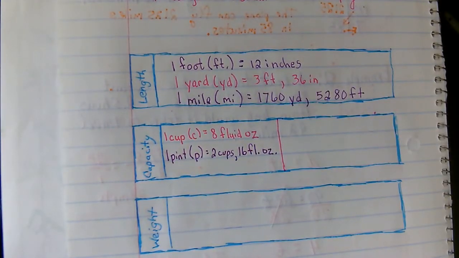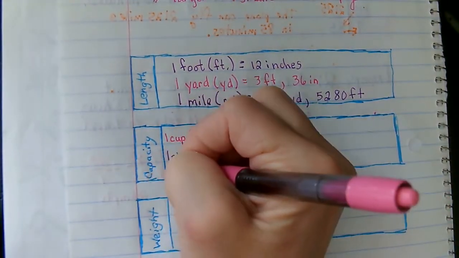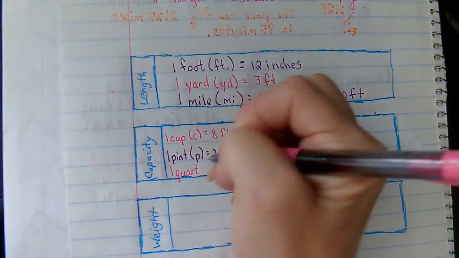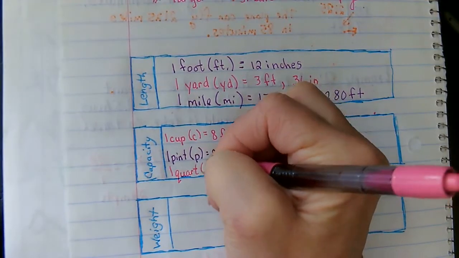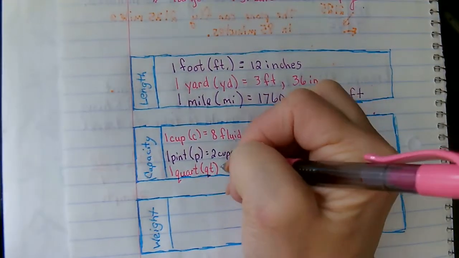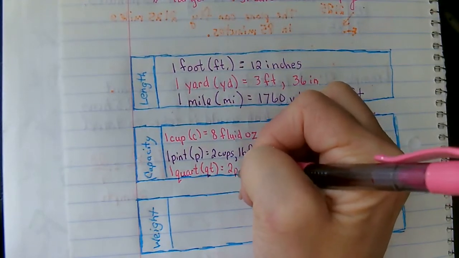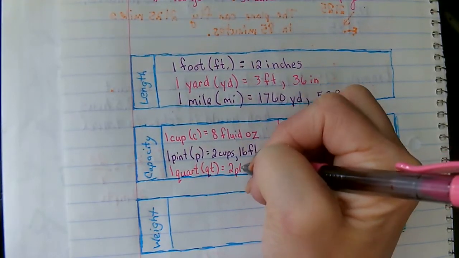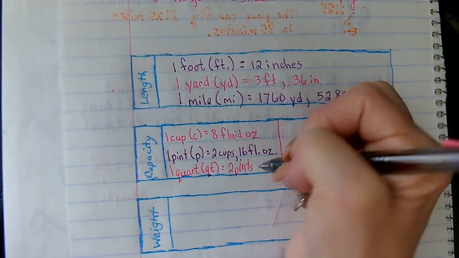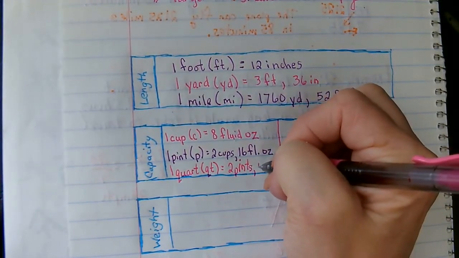And then 1 quart, and that's QT in parentheses, that is equal to 2 pints. I'll rewrite the whole thing out there. Or it's also equal to 4 cups.